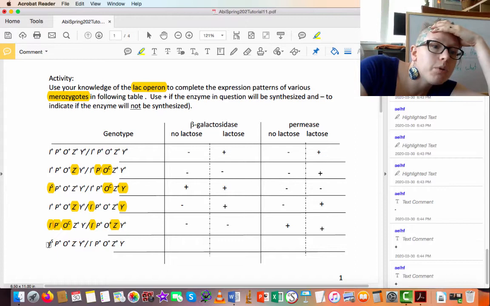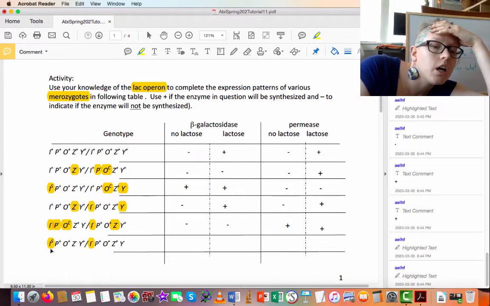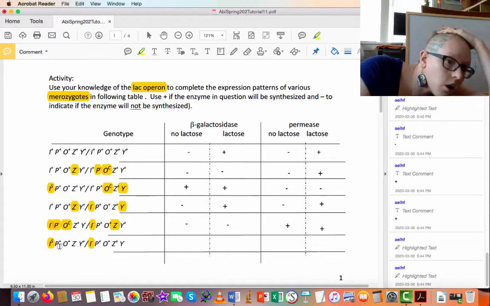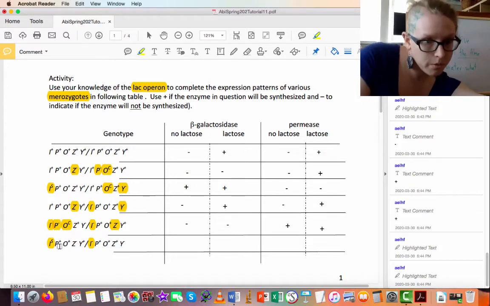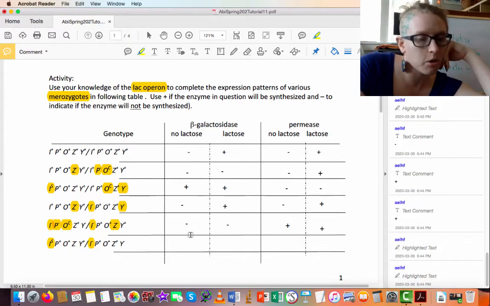And last up, we have a super repressor, which is transacting. It's the only repressor we got. This one doesn't work. But because it's transacting, it is going to be always inhibiting all of our operators. So none of our promoters are going to work.